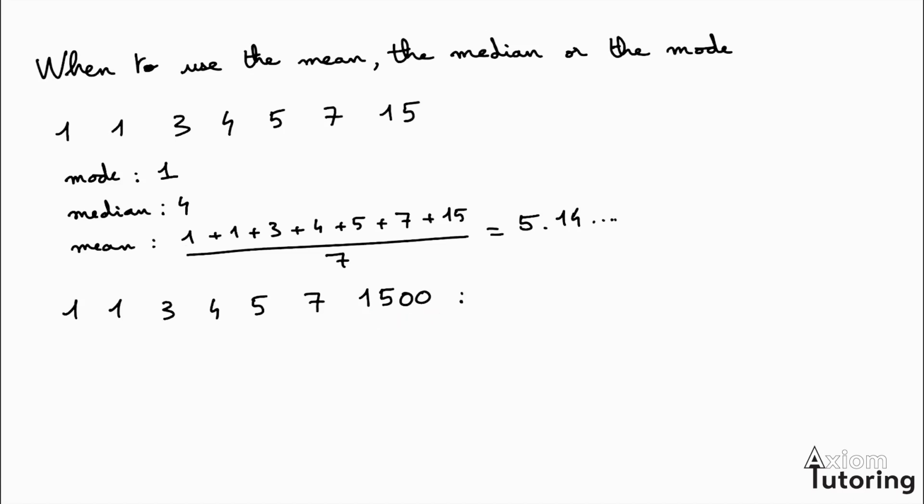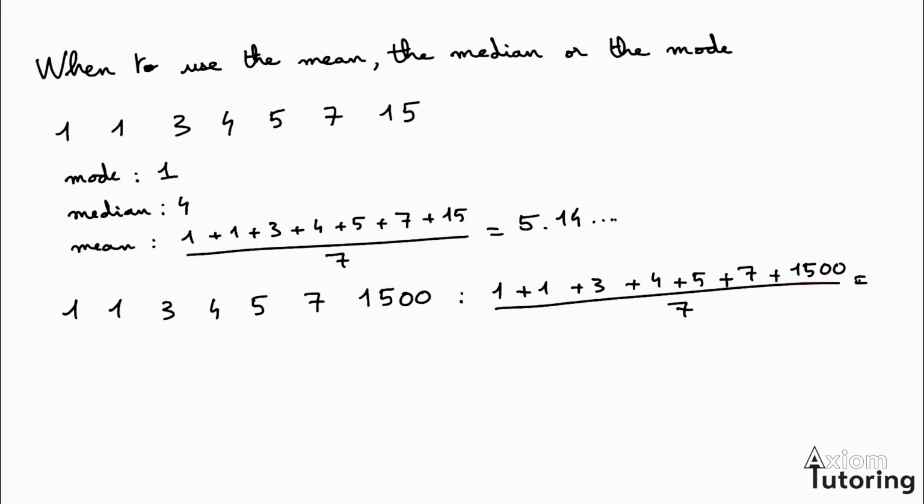And we can see here that the calculation of the mean would not make sense, because when I calculate the mean, like before, I will get a value that is way too large, and that is not meaningful because it's affected so much by that 1500.